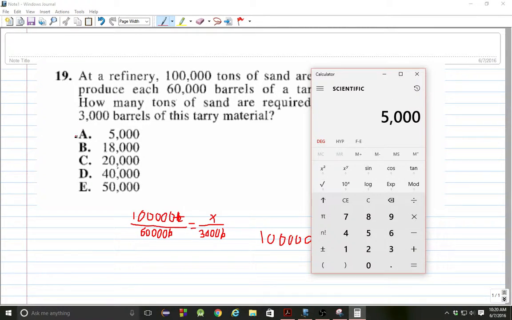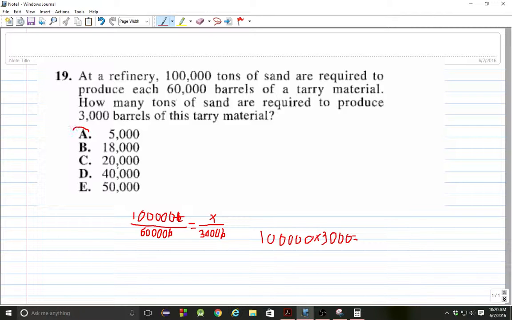That's A. So there are 5,000 tons required to produce 3,000 barrels of this material.